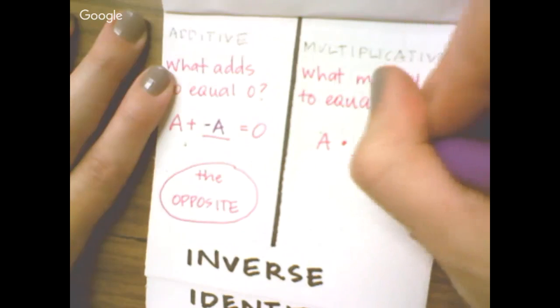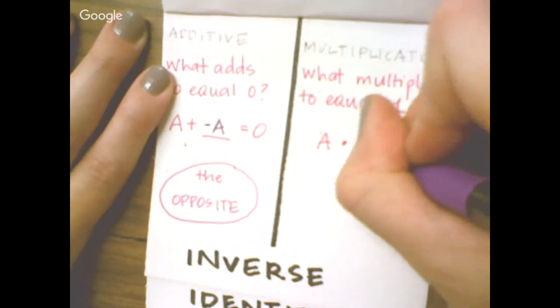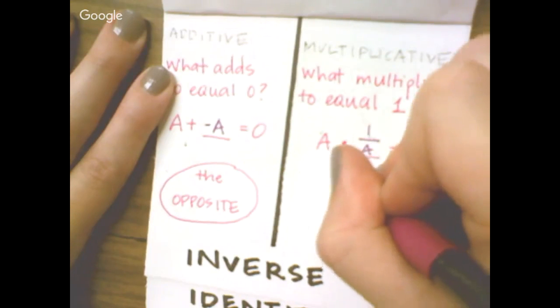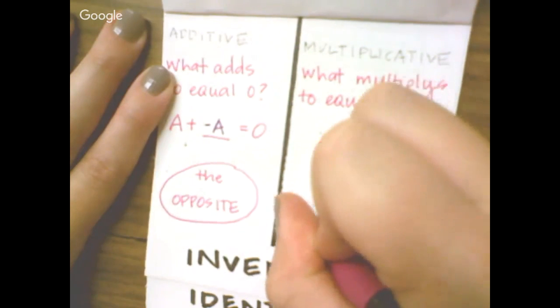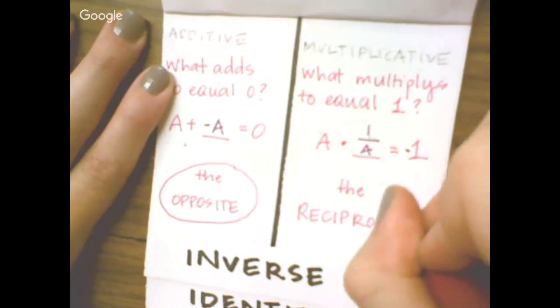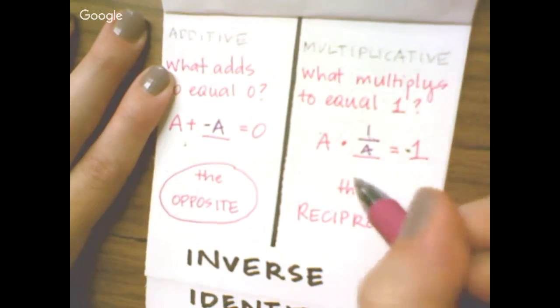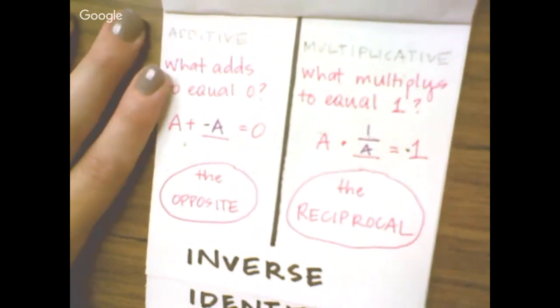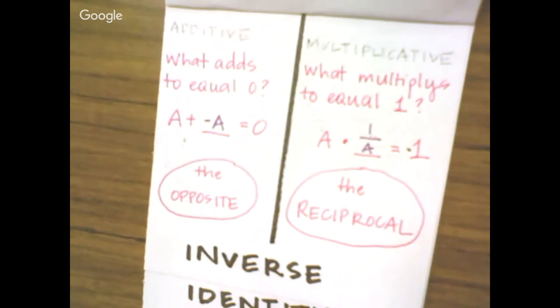If we think about it, that's just 1 over A. You may have also heard this called the reciprocal. Okay, so that's our additive and our multiplicative inverse.